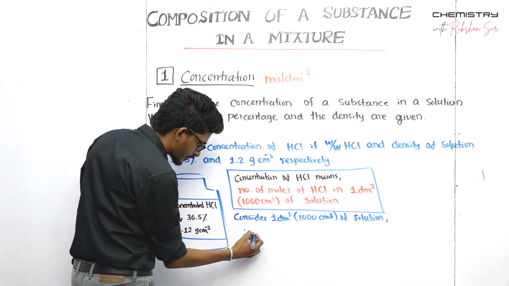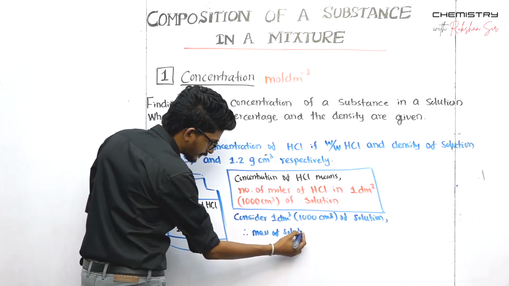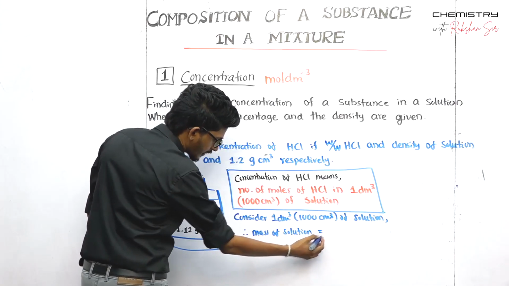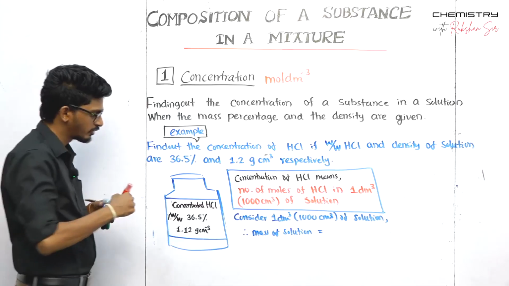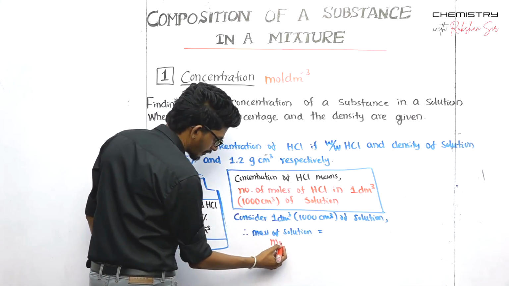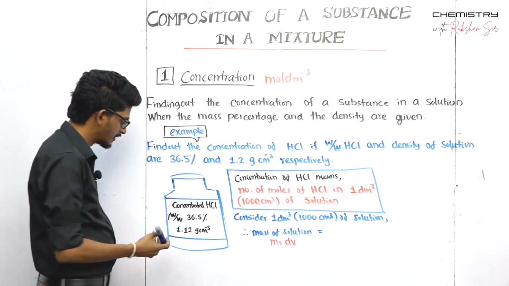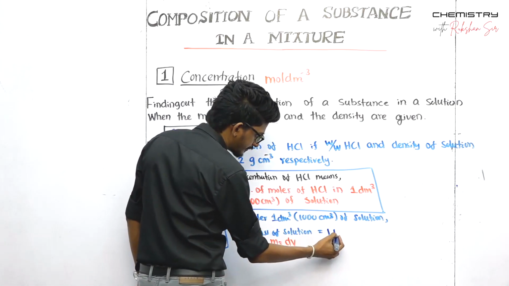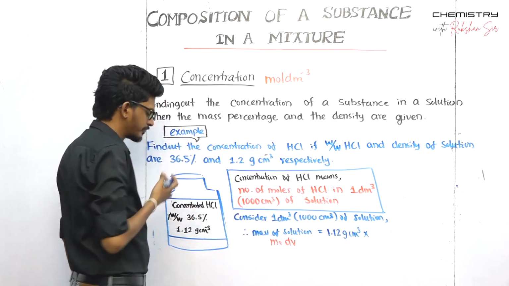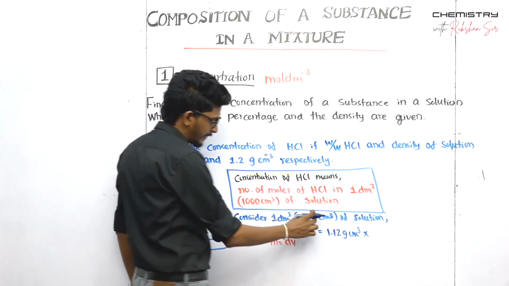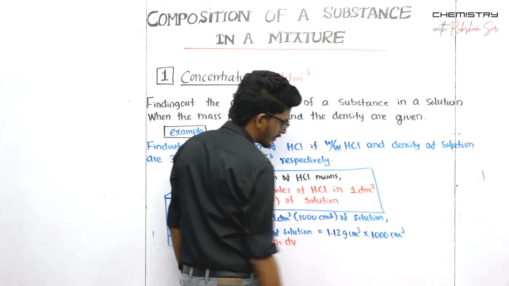So the mass of solution can be found with the use of m equals dV. Mass of solution will be given by density of solution times volume of the solution. So density is given as 1.12 grams per centimeter cube, and volume is 1000 cubic centimeters.